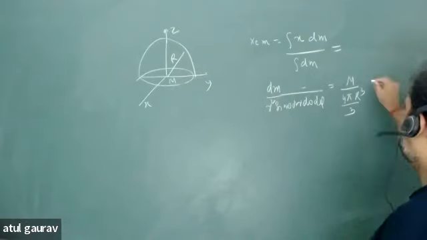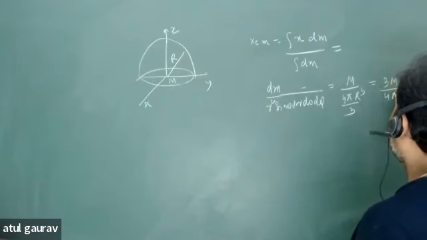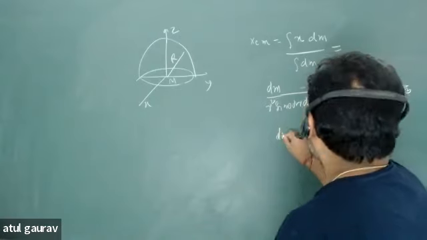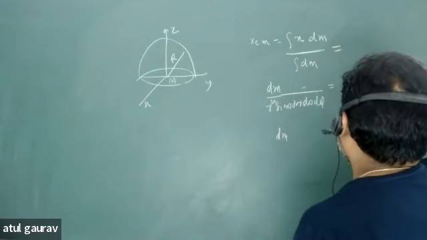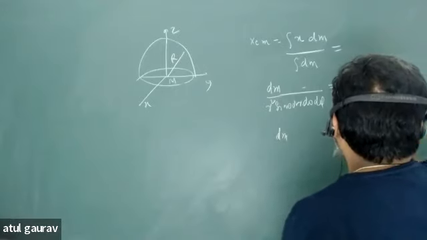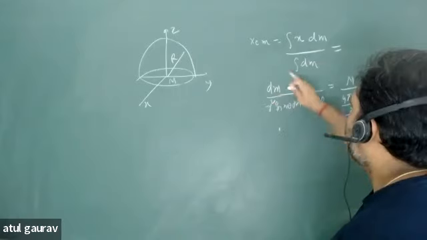So what is going to happen? This value is 3m upon 4 pi r cube. So what is your dm? By 2 will also be there for the volume. So that will be 2 here, so this will be 6. Good. So we can easily calculate the value of dm.